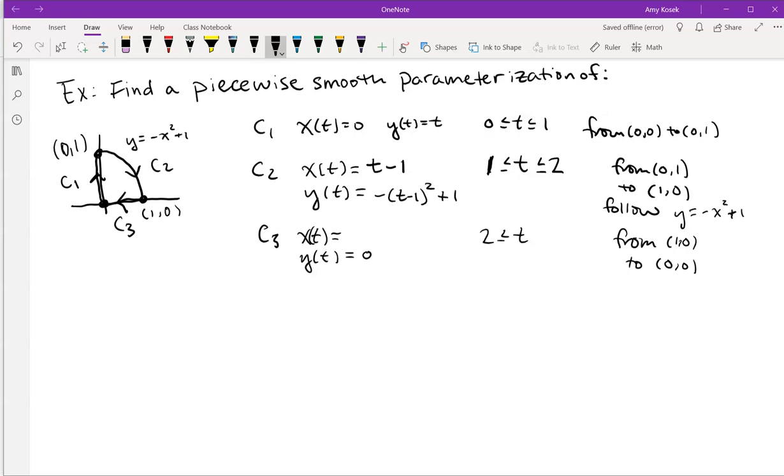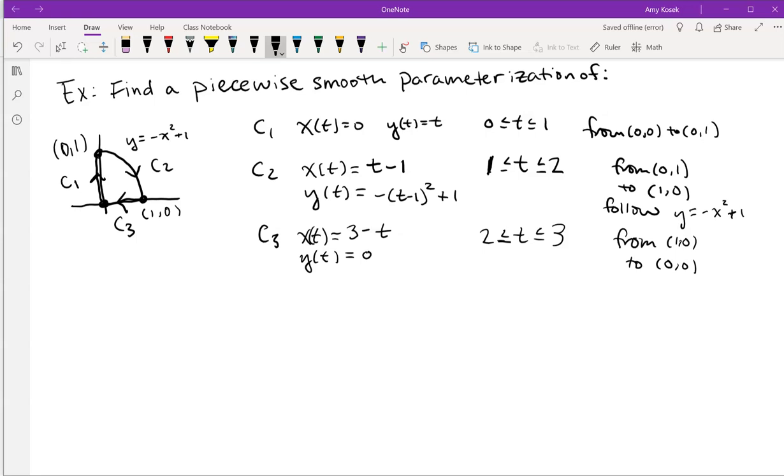And then x needs to decrease, starting at 1, going down to 0. It's a full unit length of 1 across the whole thing. So maybe we'll let t stop at 3. And then to go from 1 down to 0, similar to the last one, perhaps we'll do 3 minus t. That way, when we start at a t value of 2, 3 minus 2 is 1, and by the time we get to t equals 3, we'll be at 3 minus 3, which is 0.